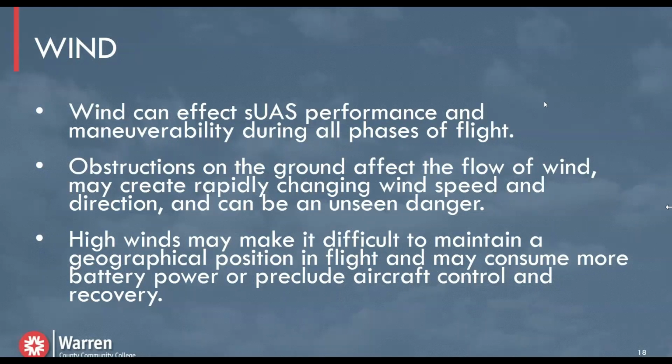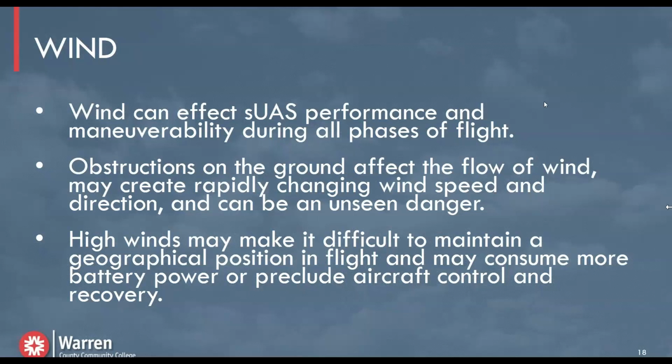So remember, wind can affect small unmanned aircraft system performance and maneuverability during all phases of flight. So landing, takeoff, hovering, anything you're doing, wind can affect. You may experience different wind speeds and impacts at different levels of altitude.